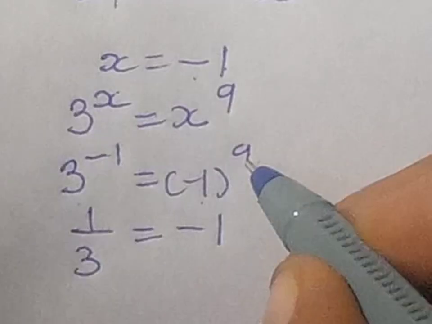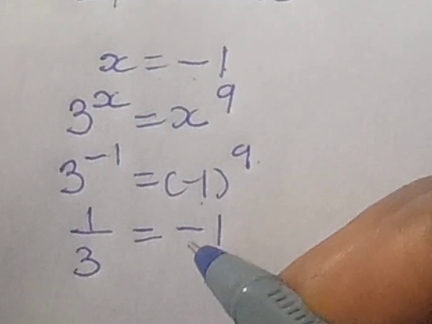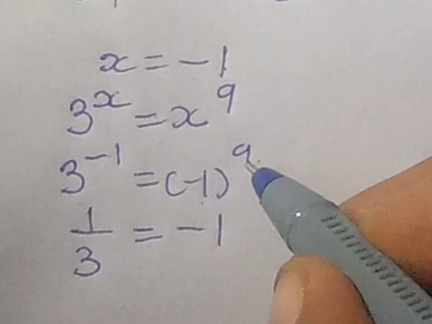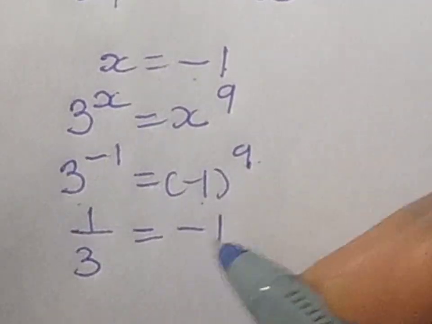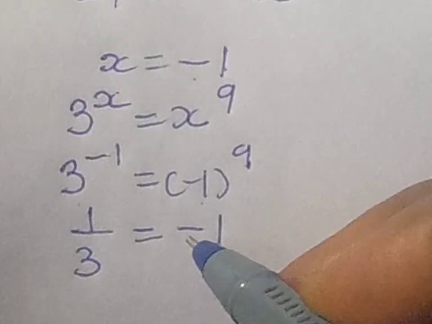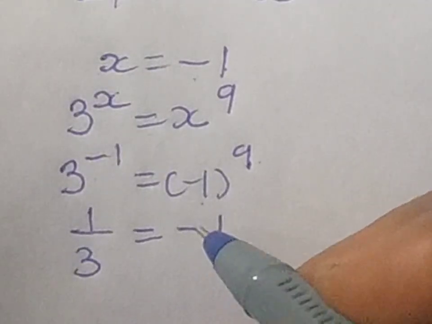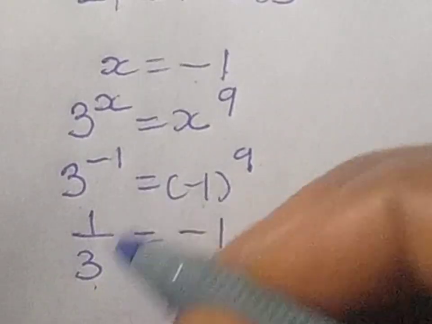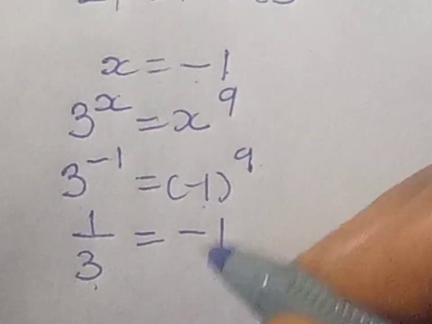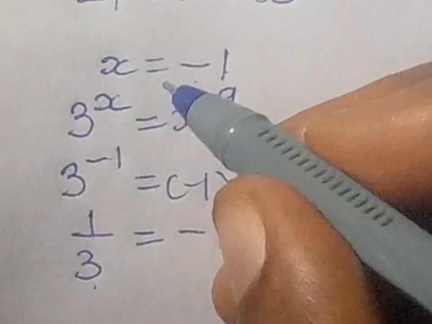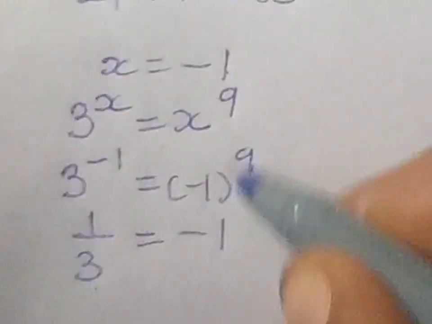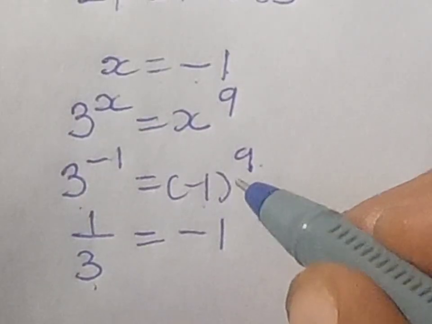If the exponent is an even number, then our result here will be positive. But because the exponent is an odd number, that's why our result is a negative number. The result on the left side is greater than the result on the right side. So x equals minus 1 doesn't work for this equation.